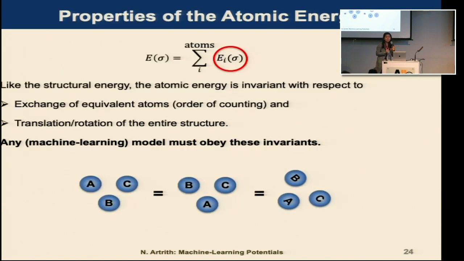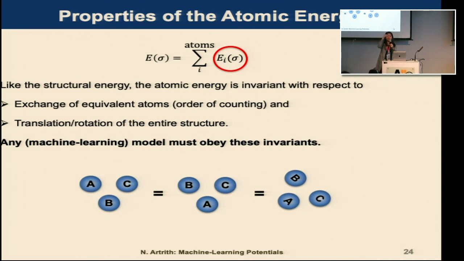Just to remind, the atomic energy here is the sum over each atom in the structure. So we would like to make sure that the atomic energy is invariant, for example, with respect to exchanging atoms. If we have, for example, water, H2O, right, we have 2 atoms of hydrogen.